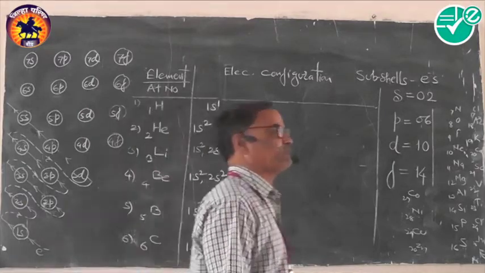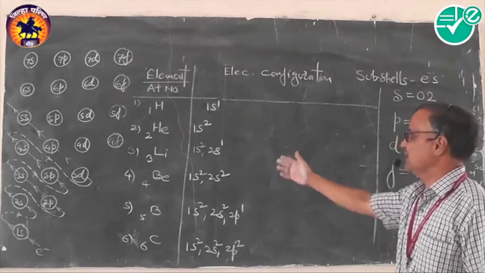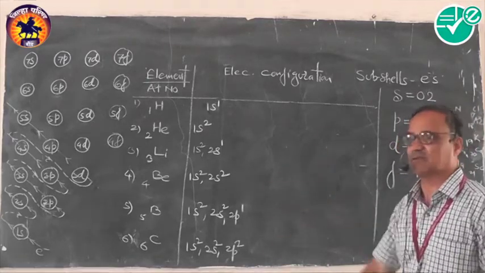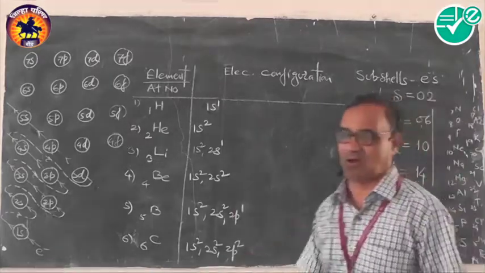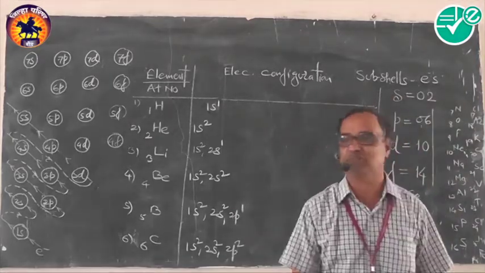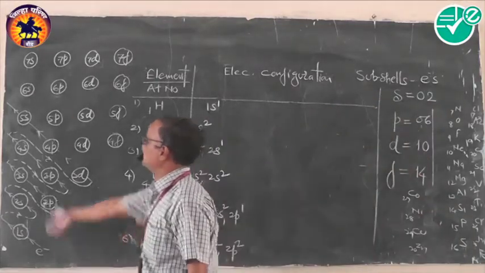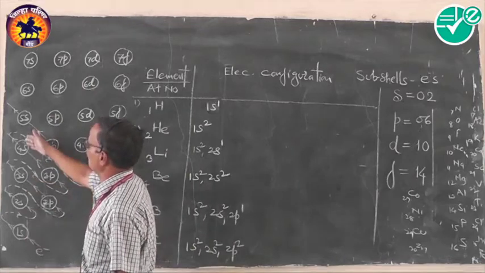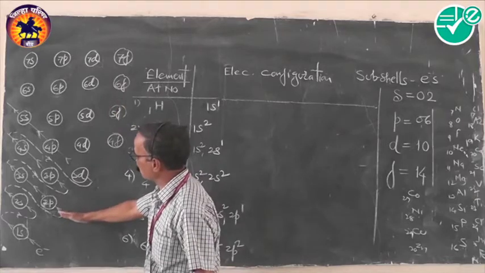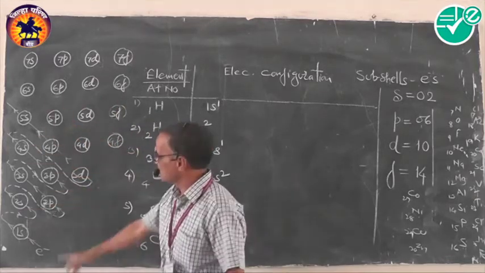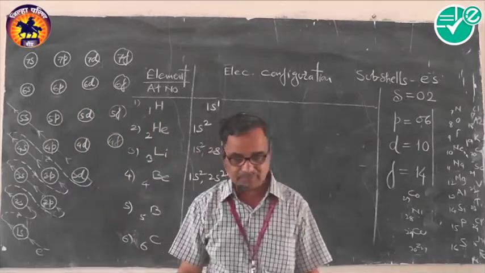So on the basis of the Aufbau principle, we can write the electronic configuration and the orbital-wise electronic configuration. Very simple. So these are the sub-energy levels: 1s, 2s, 3s, 4s, 5s, 6s and 7s. Similarly, p subshells begin from 2p to 7p, that is 2p, 3p, 4p, 5p, 6p and 7p.